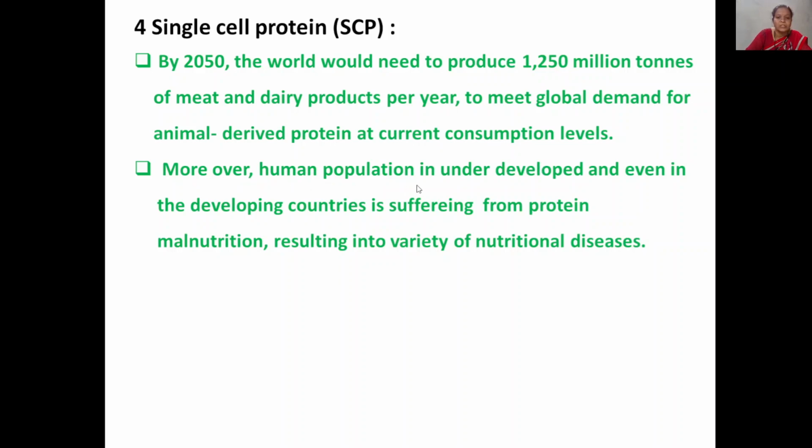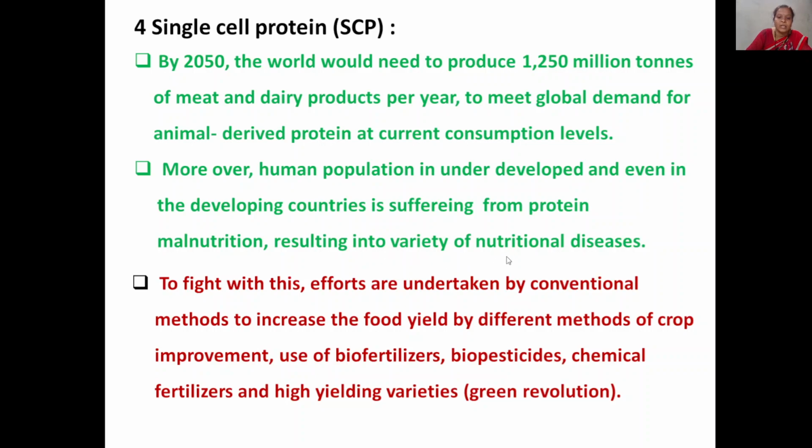Moreover, the human population in underdeveloped and even developing countries is suffering from protein malnutrition, resulting in a variety of nutritional diseases. To fight these, efforts are undertaken by conventional methods to increase the food yield by different methods of crop improvement, use of biofertilizers, biopesticides, chemical fertilizers, and high yielding varieties, that is the green revolution.